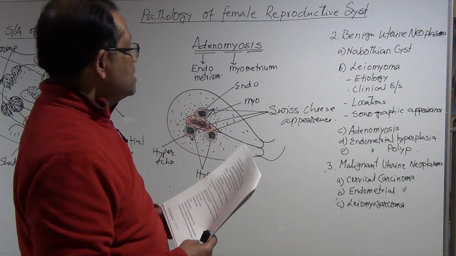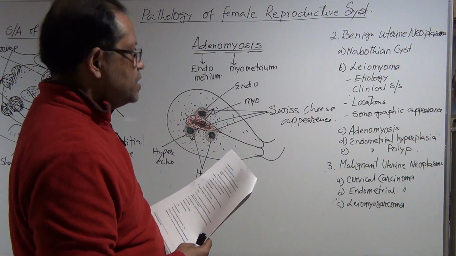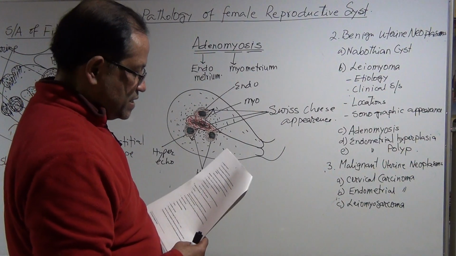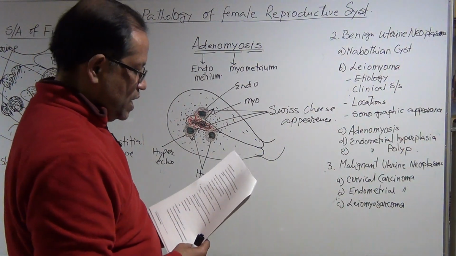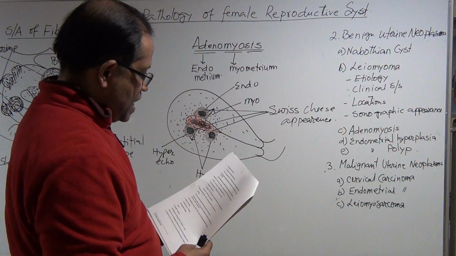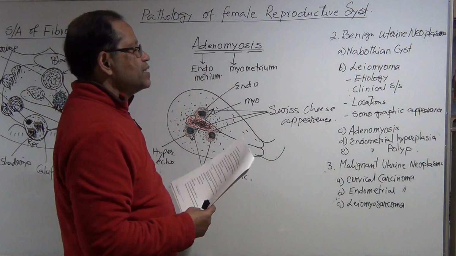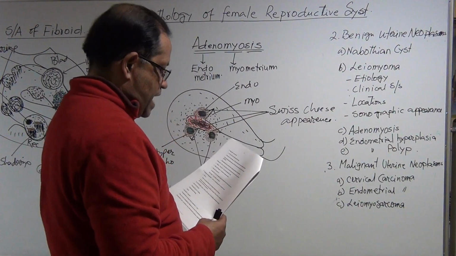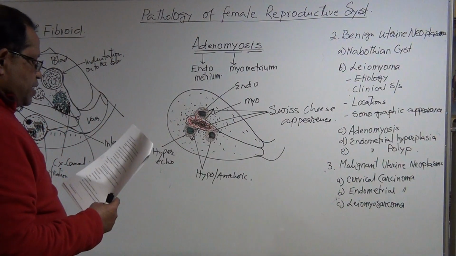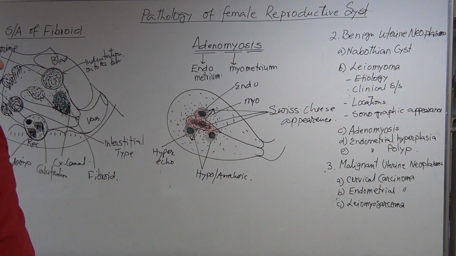Signs and symptoms are dysmenorrhea, means painful menstruation, and metrorrhagia, irregular menstruation. The sonographic appearance, an enlarged uterus with multiple hyper and hypoechoic areas within the myometrium. Often we call it Swiss cheese appearance.